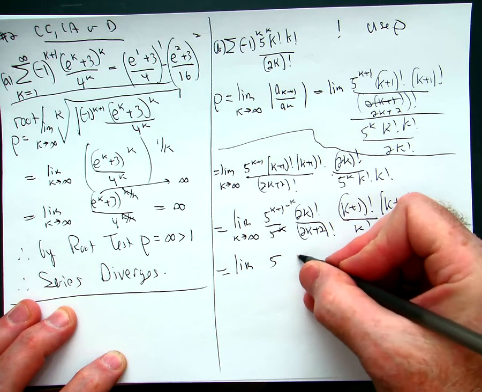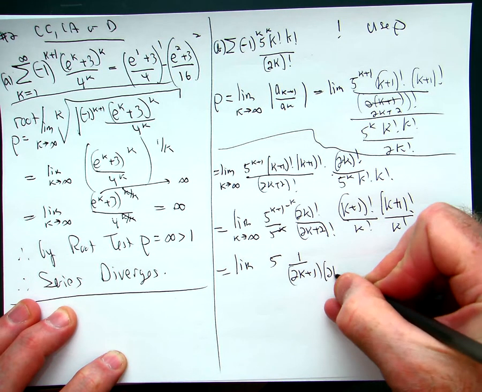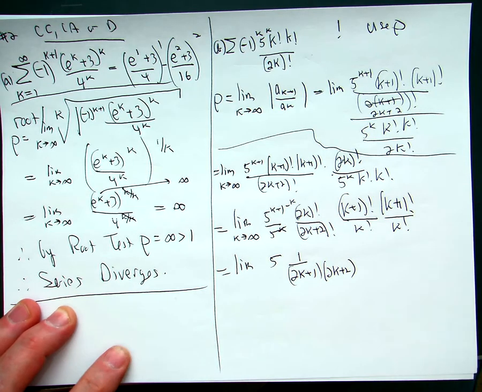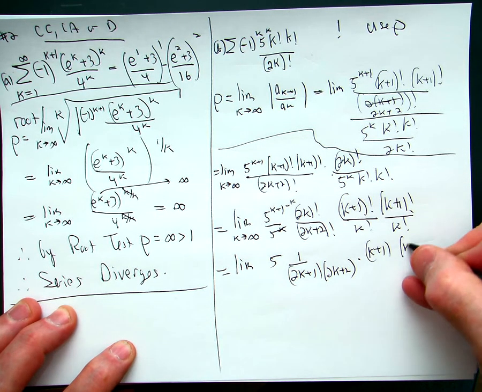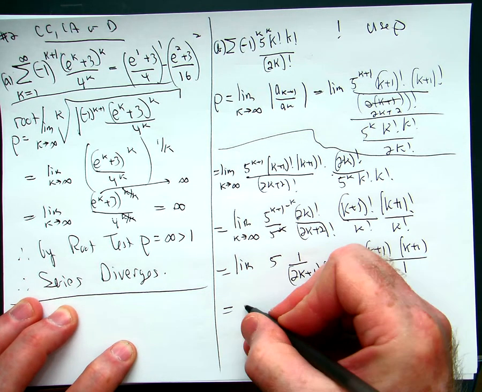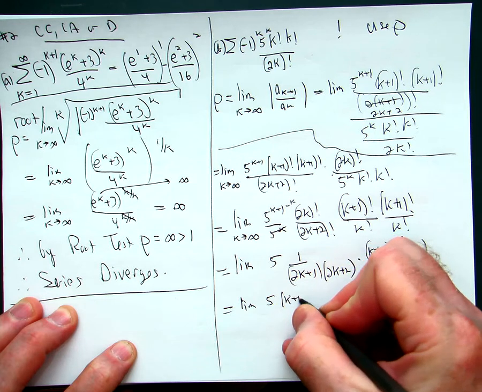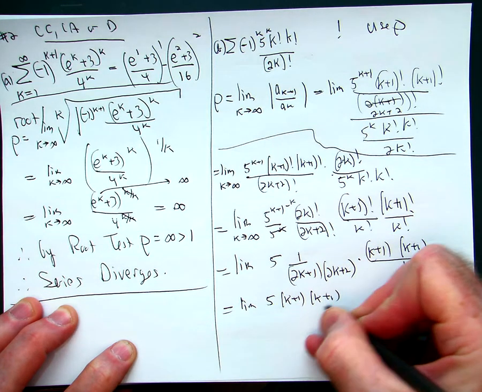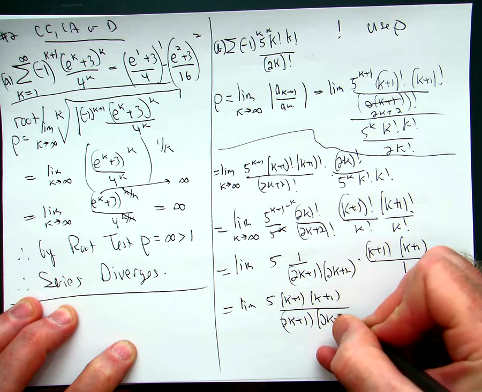This is going to be 1 over 2k plus 1 times 2k plus 2. This will be k plus 1 on top, k plus 1 here after cancellation. So that's going to be the limit of 5 times k plus 1, k plus 1 over 2k plus 1, 2k plus 2.